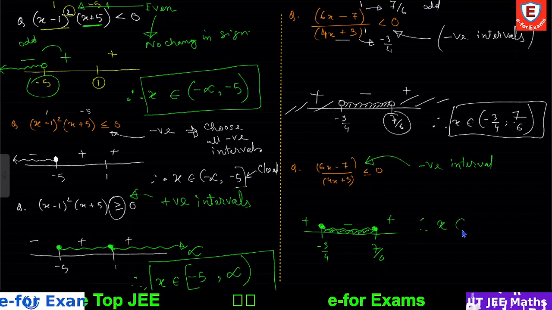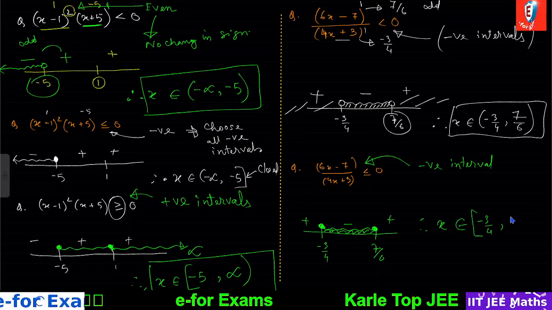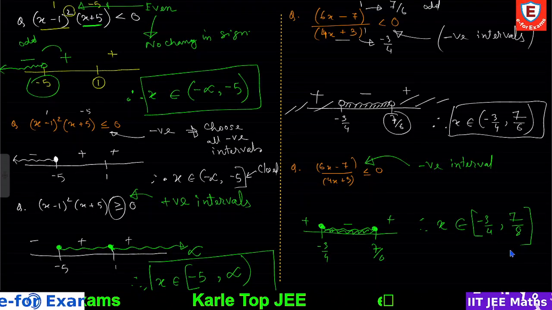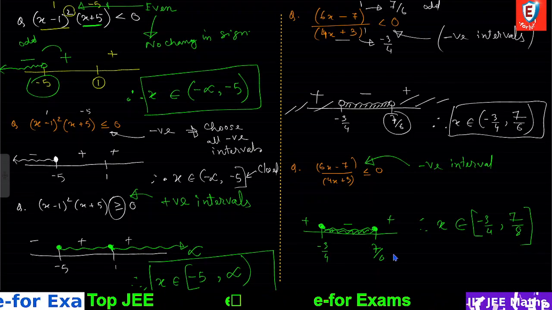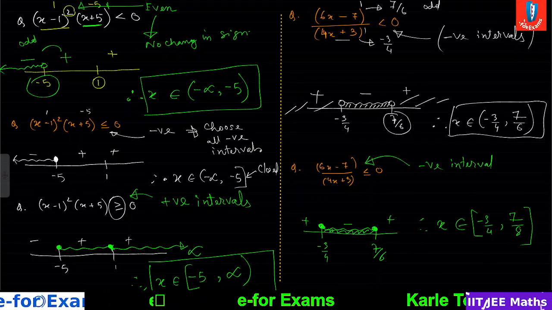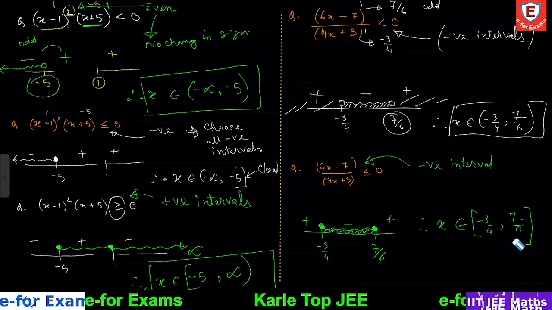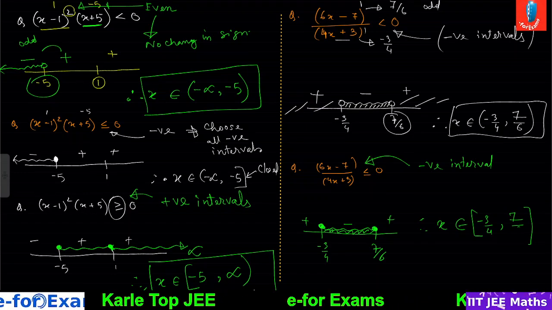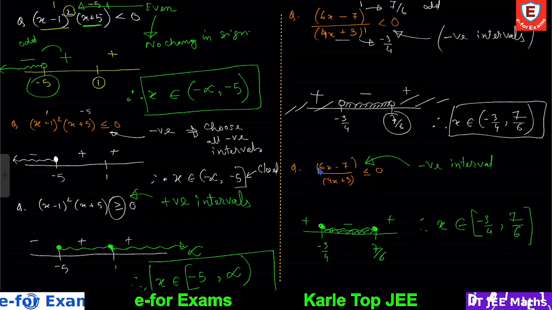Therefore, the solution is x in minus 3 by 4 comma 7 by 6. Sorry, 7 by 6, this is 6.